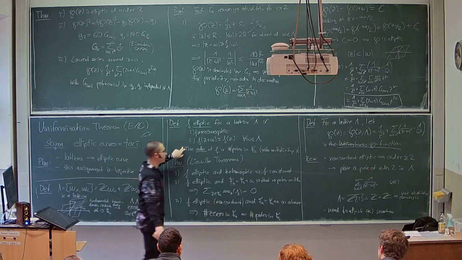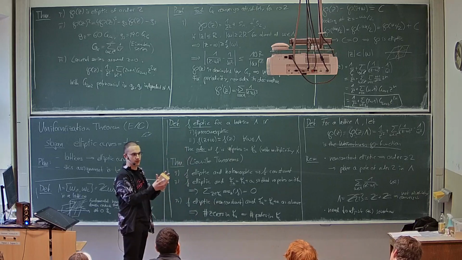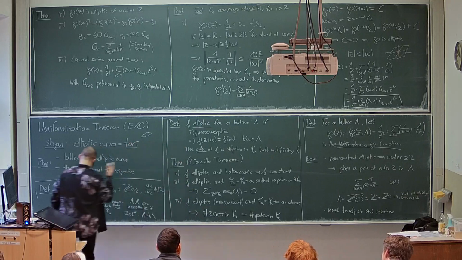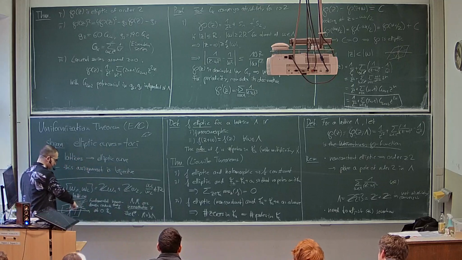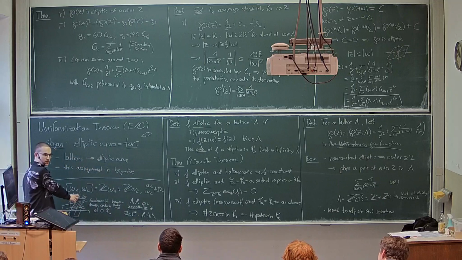Here, the order of an elliptic function is the number of its poles, essentially the number of its distinct poles in some sense. The number of its poles is the only number we care about, because these are the poles precisely in such a fundamental domain.